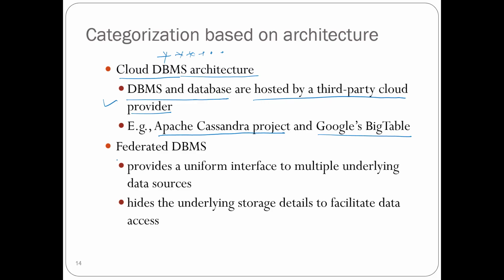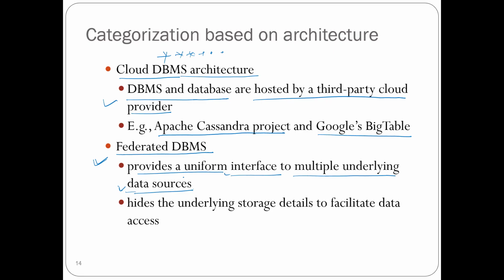Okay, so let's look at another class of DBMS architecture, which is federated DBMS. This is an interesting class of DBMS where federated DBMS provide a uniform interface to multiple underlying data sources. Because of this uniform interface, it becomes very convenient to access data that might be coming from diverse sources.